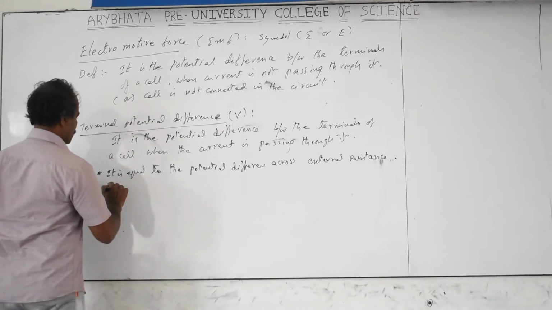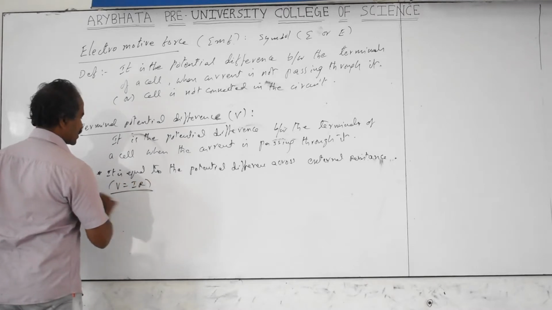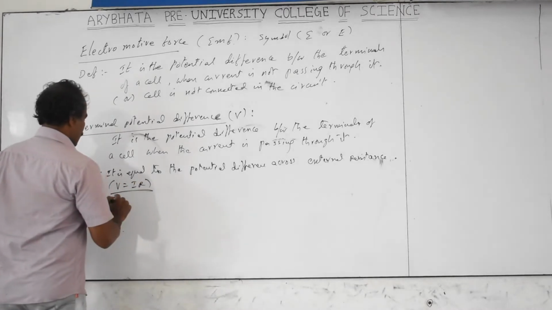This symbol is V. V equals I into R, where R is the external resistance.